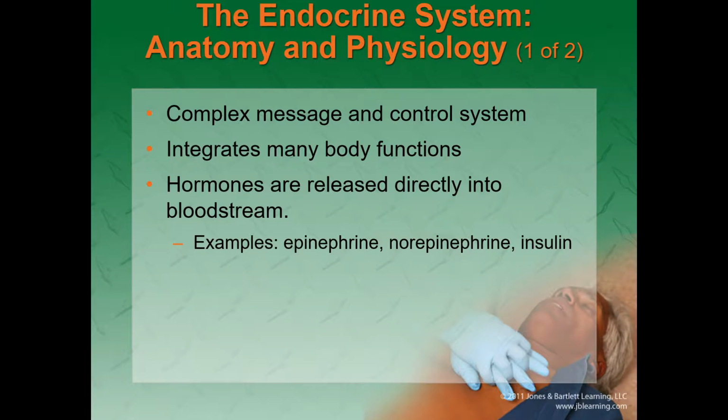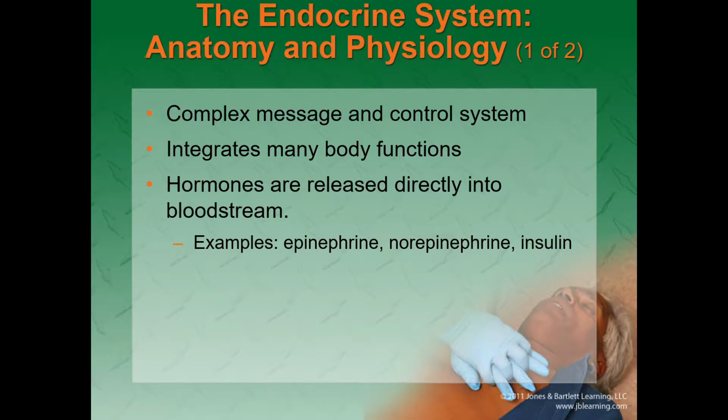The endocrine system is kind of the message and control system of the body itself. It ends up being a huge factor in a lot of our bodily functions. Endocrine glands, remember we talked about a little bit with the pancreas, go directly into the bloodstream.